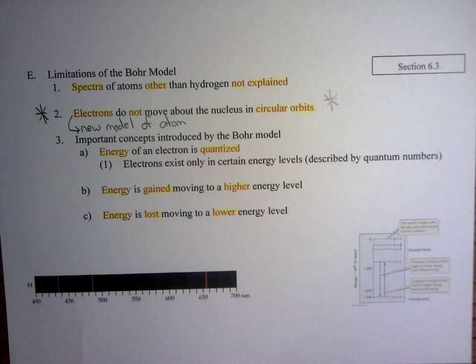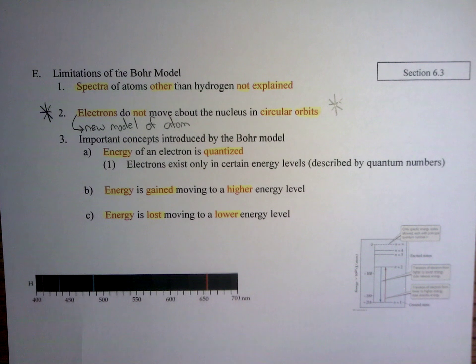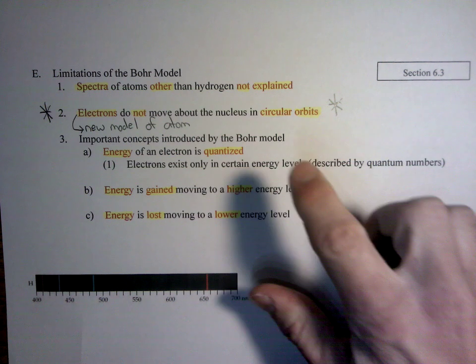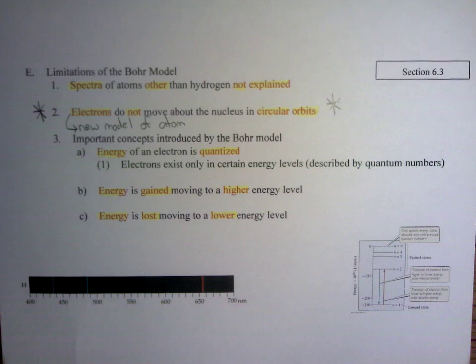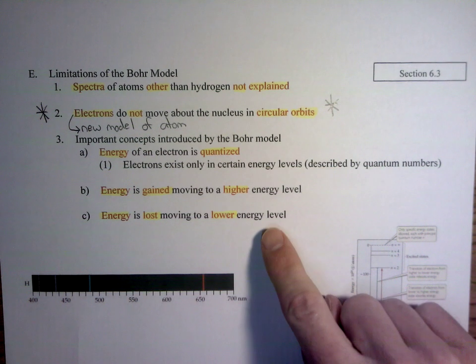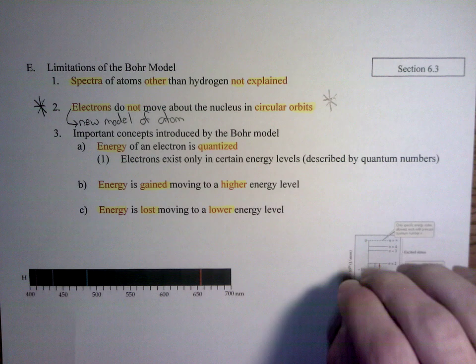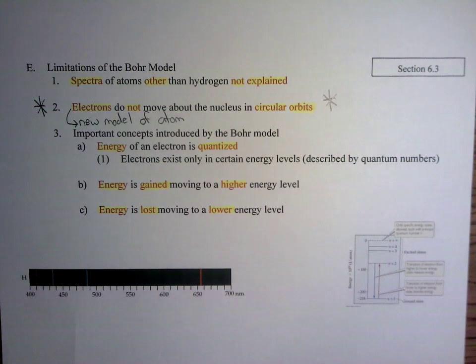So big takeaways here really were those last 3 pages of notes that I showed you. Again, energy is gained or lost in those quanta; it's quantized. Electrons can move in between energy levels. However, right now we need a redesign of how we view those particular energy levels.